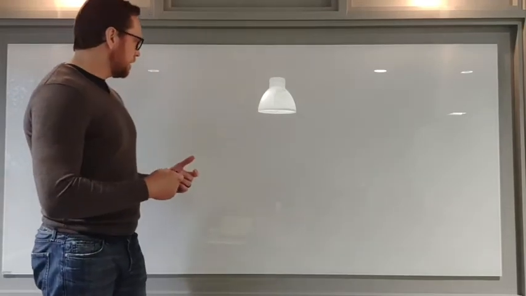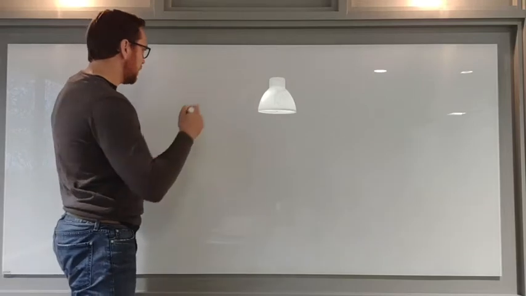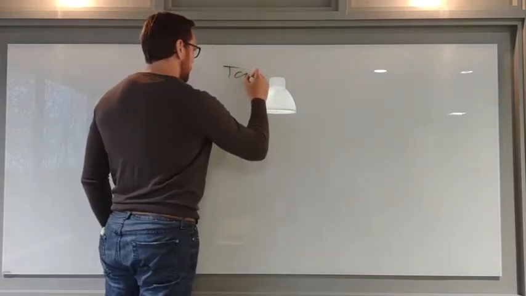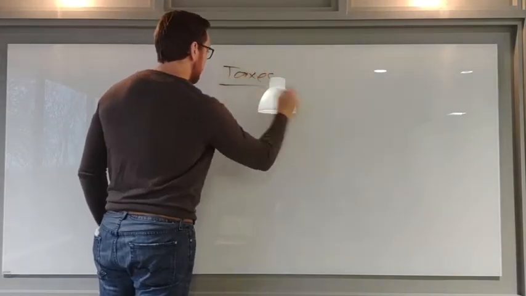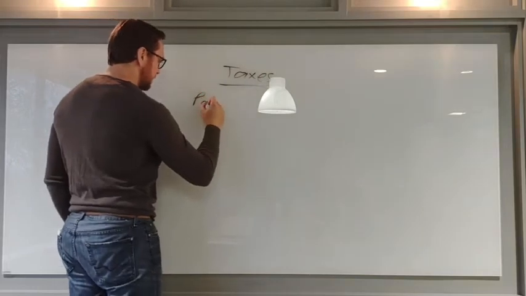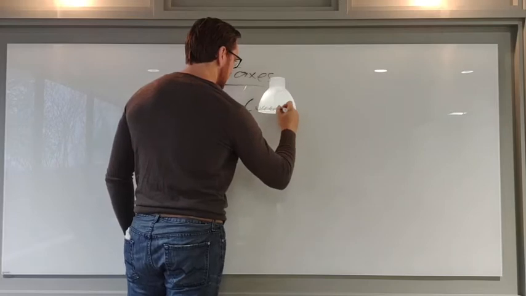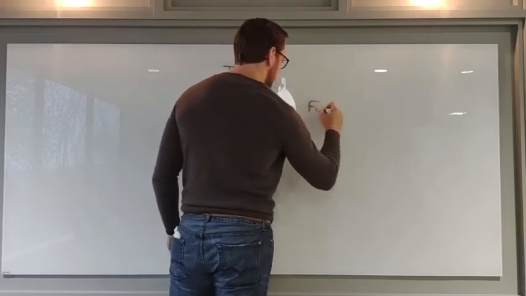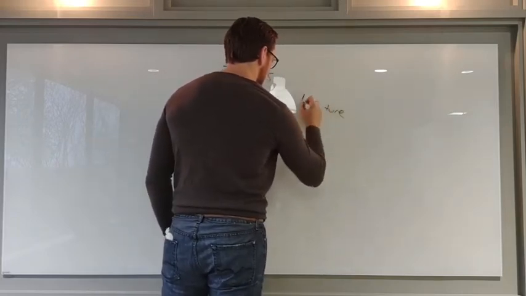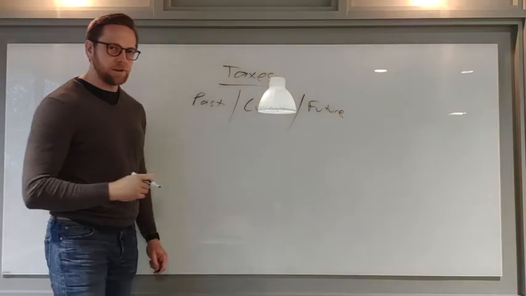We have taxes that have already occurred. So if we look at taxes, we have past taxes, current taxes, and future taxes. Those are the broad categories.